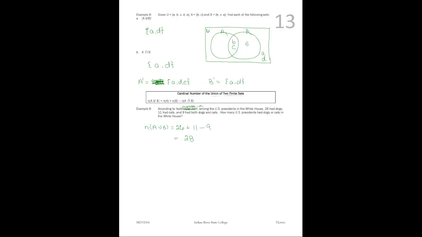So when we're talking about cardinality, we're talking about the number of elements we have in that set. So set A has 26, we represented the dogs. Set B has, we're representing that with cats, which is 11, and then we're talking about both. So yes, we're going to be using this formula to find the cardinal number of the union of two finite sets. Any questions?